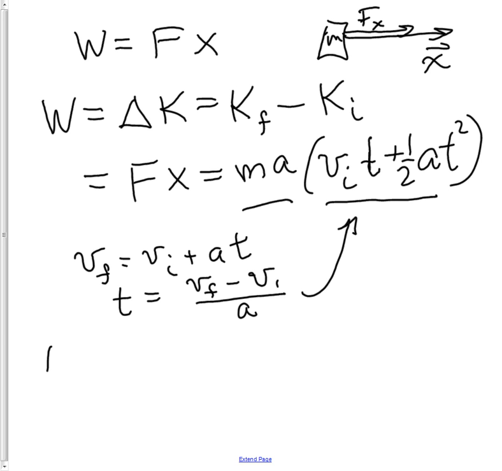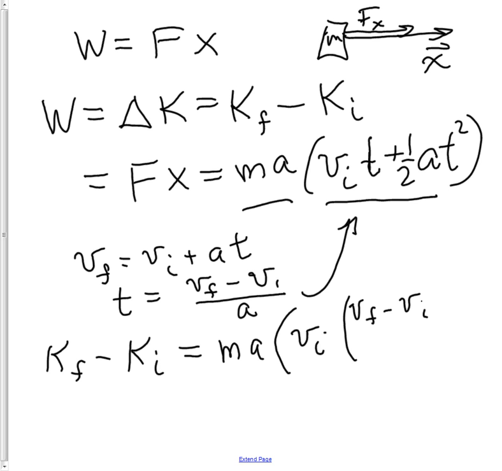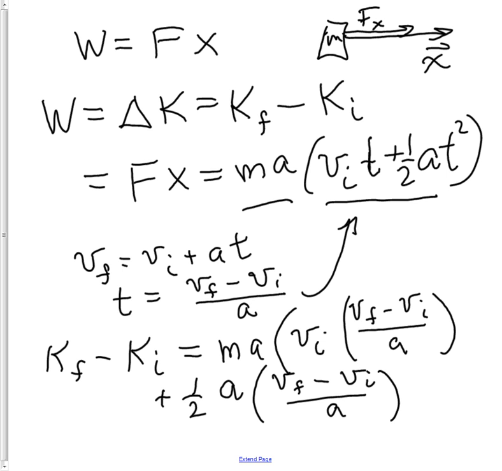And so now what we have is K final minus K initial is equal to m a, and now I've got to put all this in: v i times t, which is v f minus v i divided by a, and then plus 1/2 times a times v f minus v i over a, quantity squared.